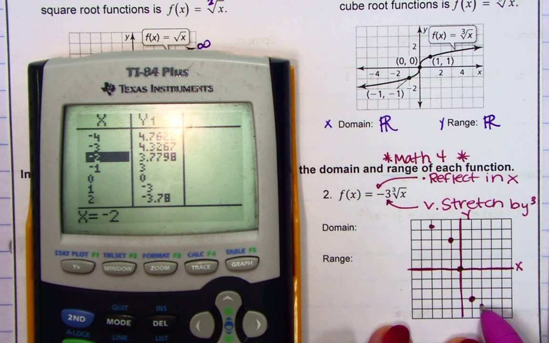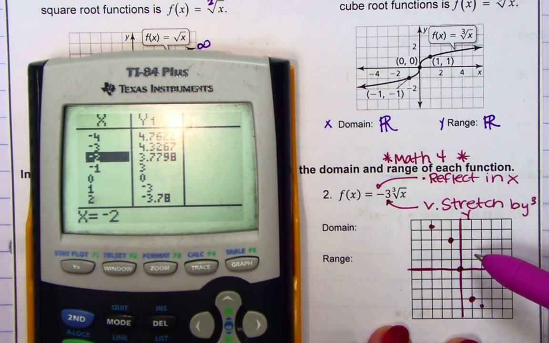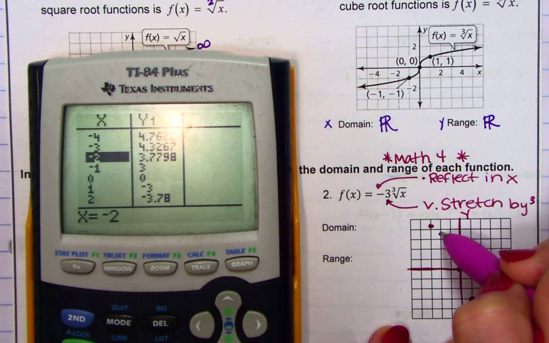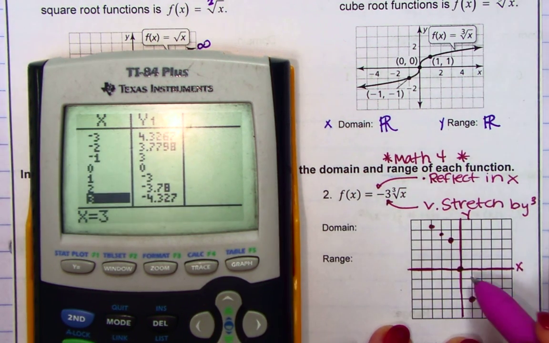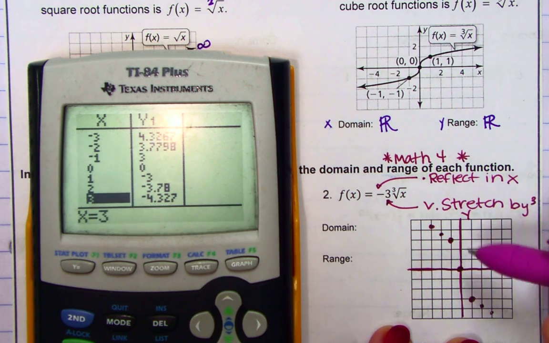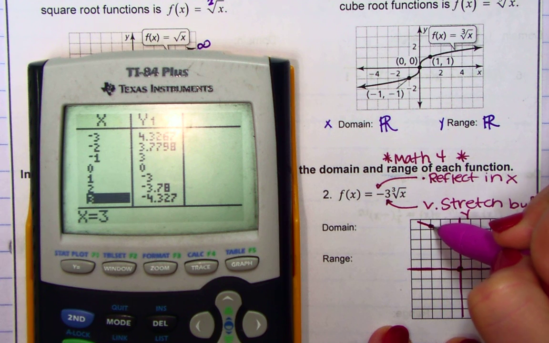Be like right here. -2, 3.7 would have been one as well. And then if you go down one more, 3, 4.3. Sorry, 3, -4.3. You can see that it's supposed to kind of go like this.